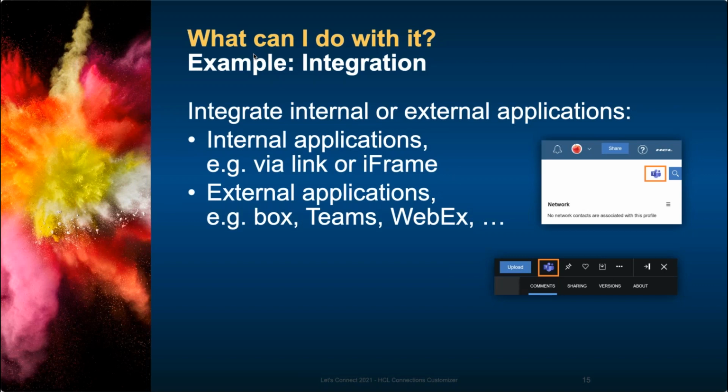So here what I'm showing is the Teams button. If you're running on Connections 7 and you have this set up, you have this already anyway, but let's say you're still on Connections 6.5, you want to add that, you can do that with a customizer, right? And that's one thing I'll show you in the recorded demo as well.